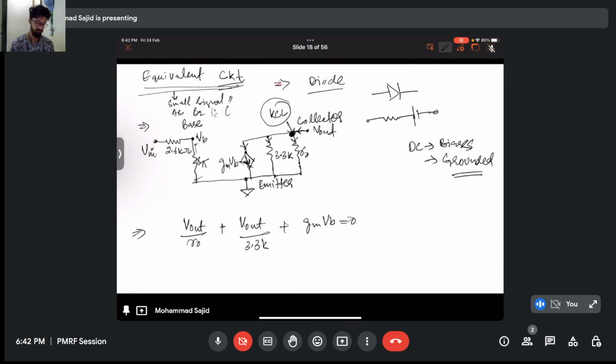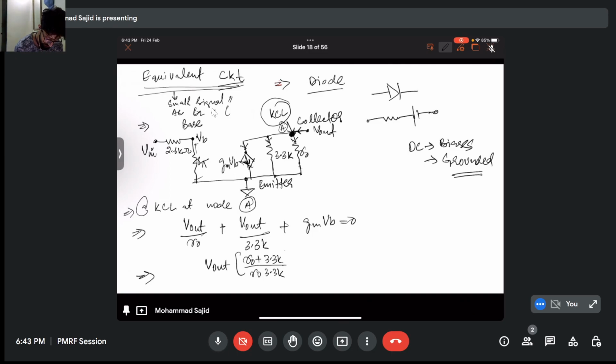So this is my KCL at this node, let's call it node A. KCL at node A. Fine. So I can write it as V output times (R naught plus 3.3K) over R naught times 3.3K is equal to minus GM VB, right?